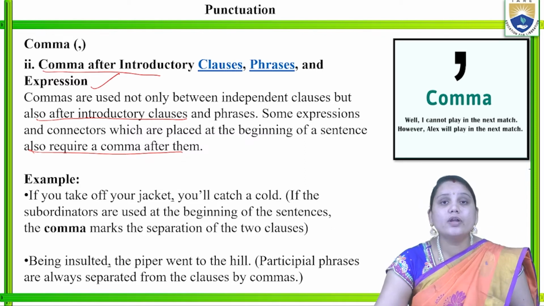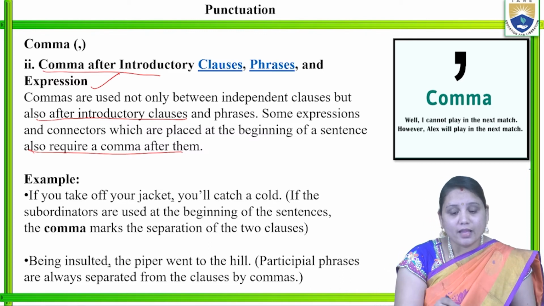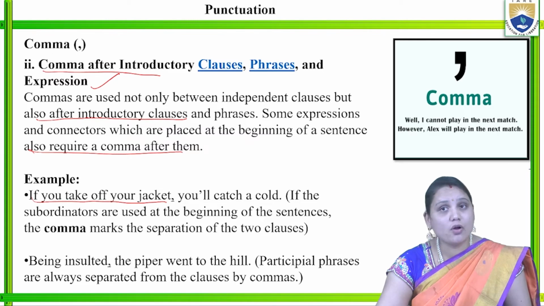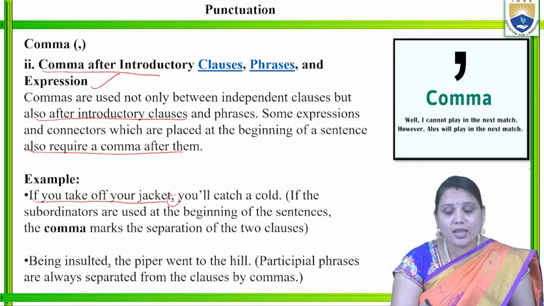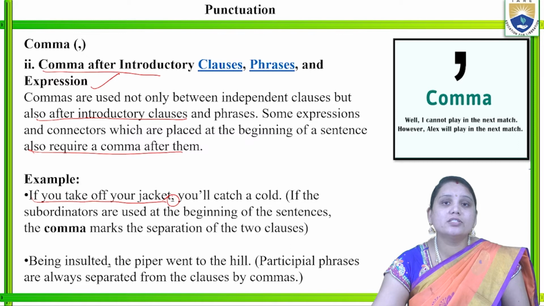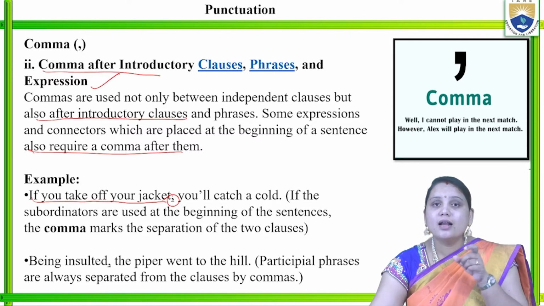Now, let us look into one example. If you take off your jacket, you will catch a cold. See the way the comma is playing the role. Without comma: if you take off your jacket you will catch a cold. It is clumsy.